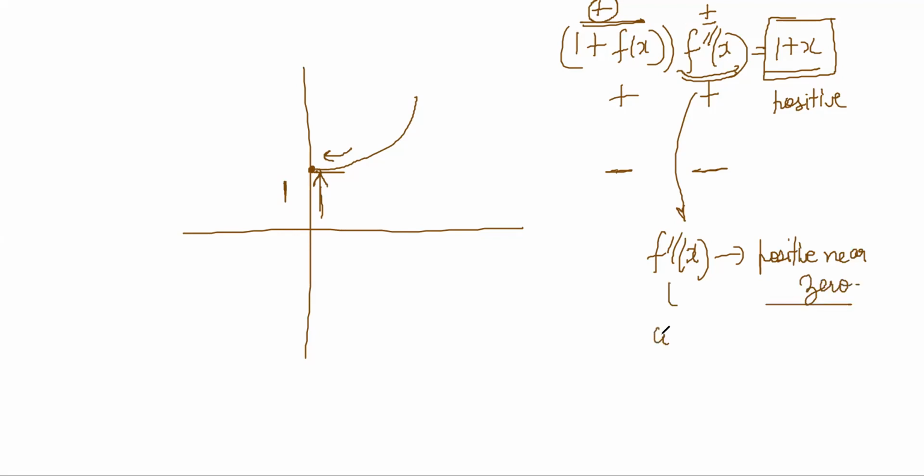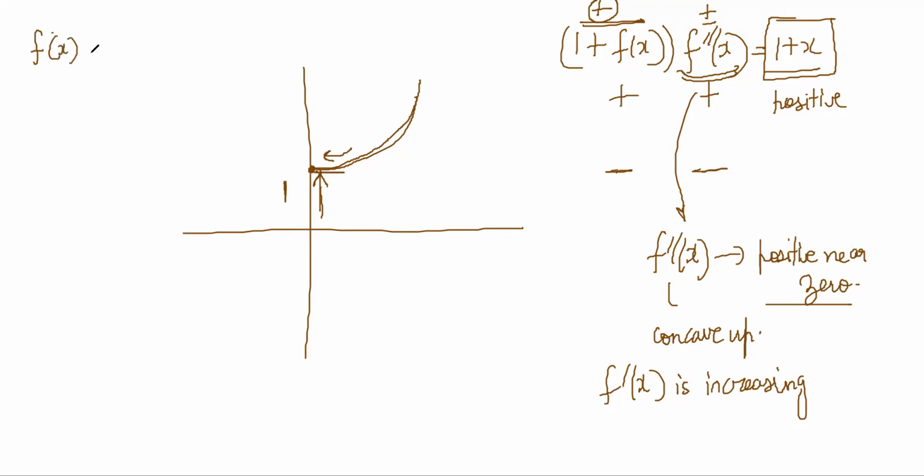That means it is concave up. If it is concave up, then f dash x is increasing. So it is going to be a shape like this. So that told us that f x values are increasing like this. So 1 plus f of x is greater than or equal to 1 plus f of 0, which is equal to 2.